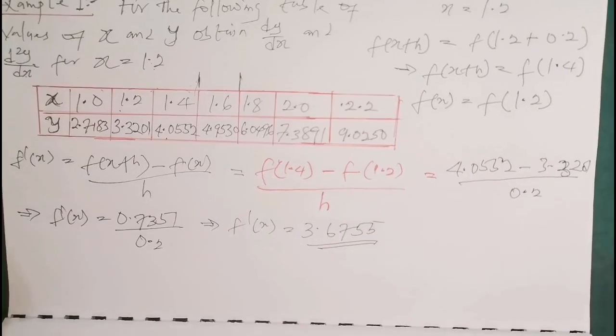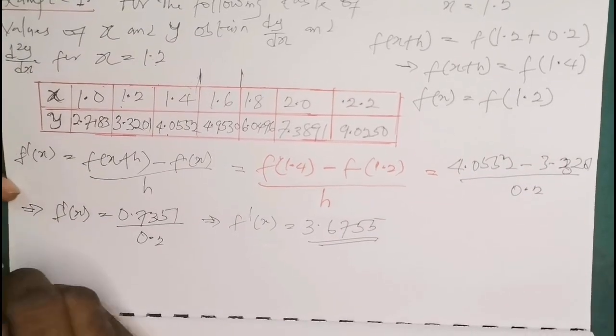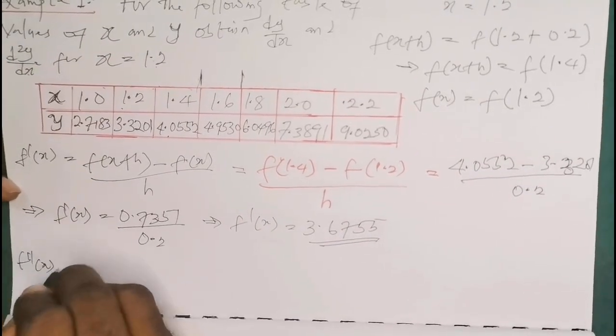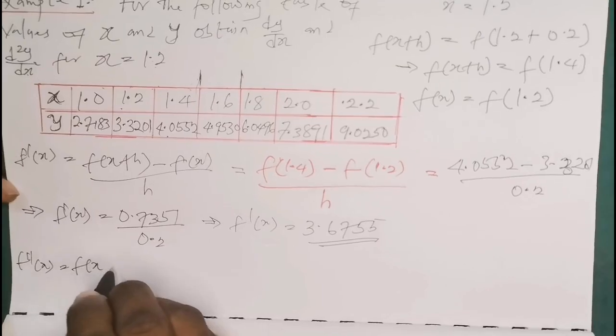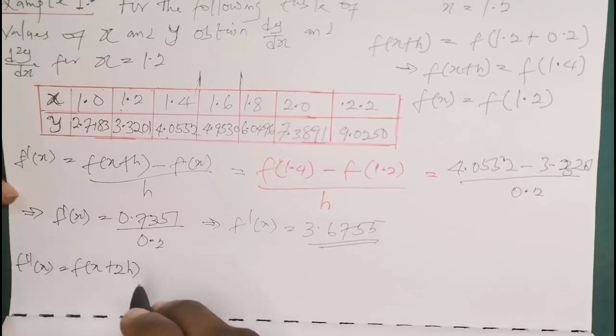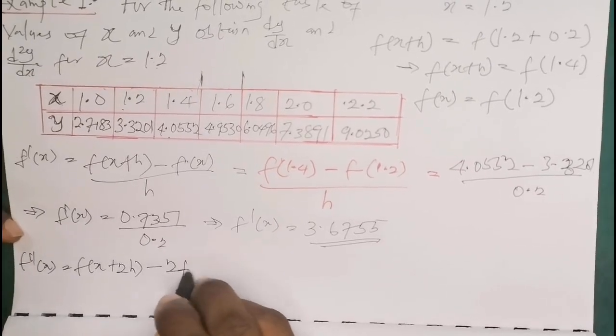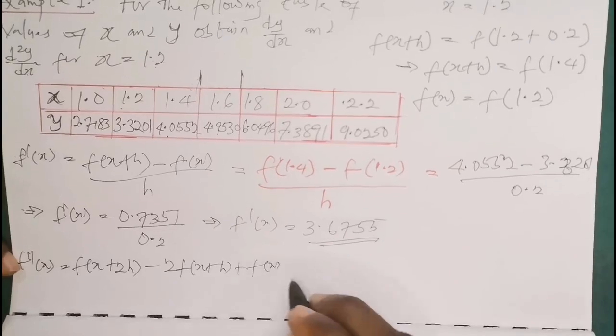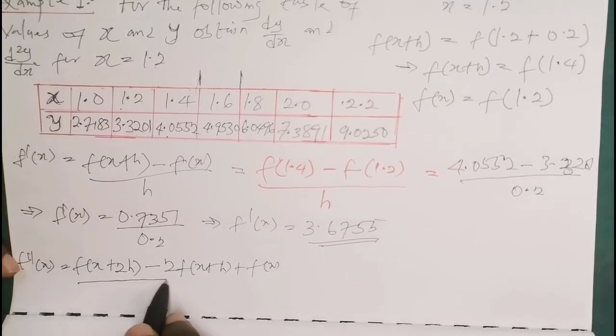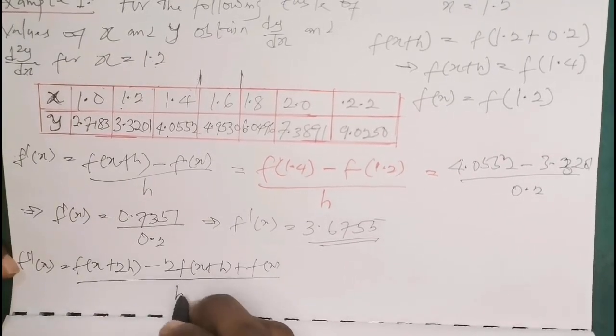Okay. So for the second derivative, you have f prime prime of x is equal to, we simply obtain f of x plus 2h minus 2f of x plus h plus f of x, all over h squared.